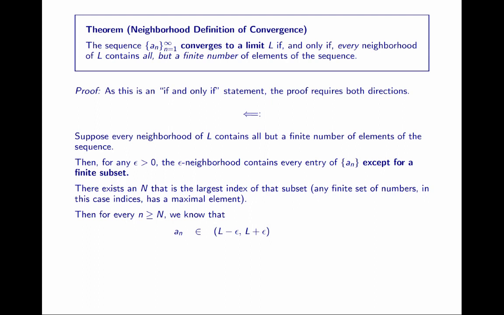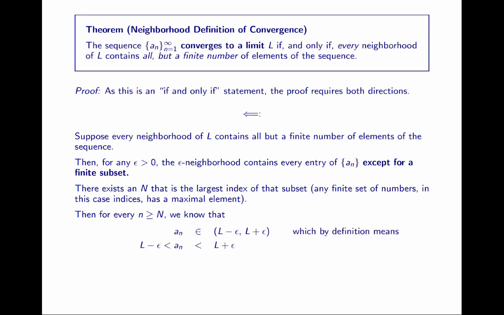Well, for every little n greater than or equal to that big N that we're guaranteed to exist, in other words, for everything not excluded from the epsilon neighborhood, I must be in the epsilon neighborhood. In other words, for every little n greater than big N, a_n is included in my epsilon neighborhood.